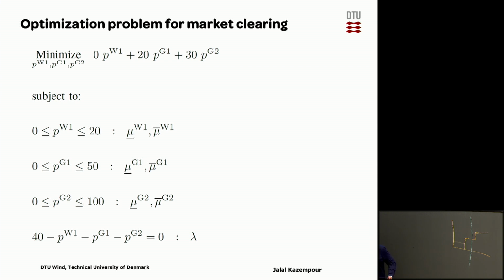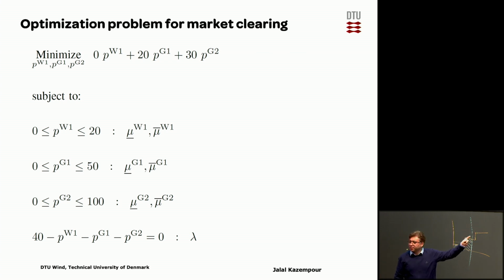It means that demand is like constant. They are willing to buy electricity at any price. Then social welfare maximization reduces to just minimizing the cost. Here, your wind is offering at zero price. If it was not zero, it was something like this, then your production cost is also all this area. So you are trying to minimize the generation cost. That's what your objective function is.